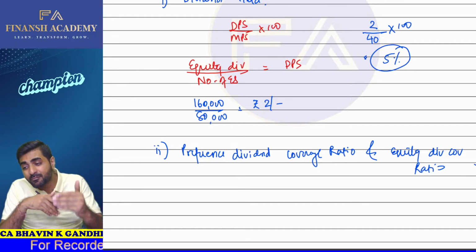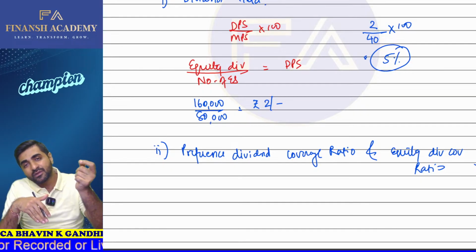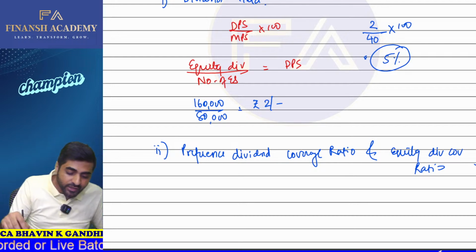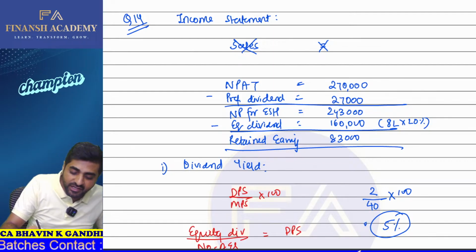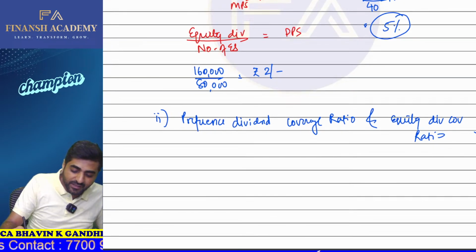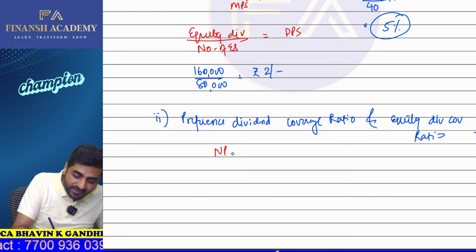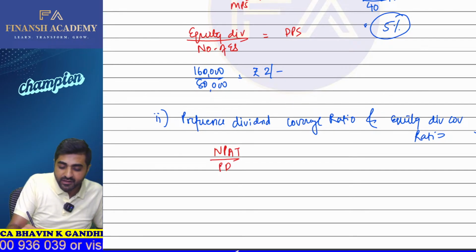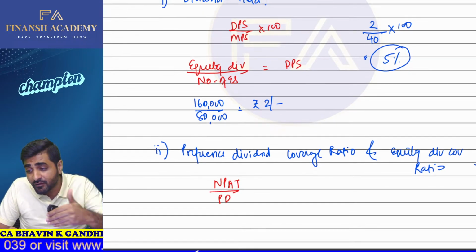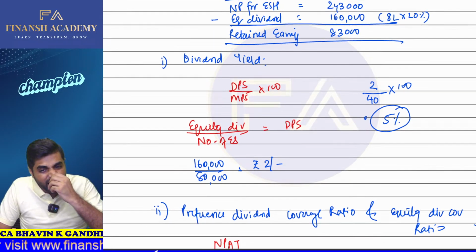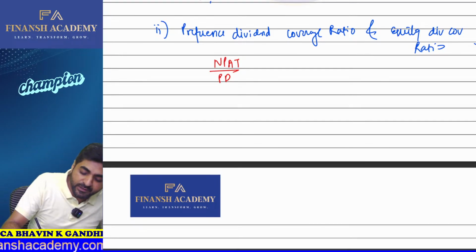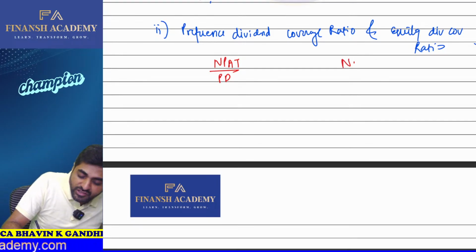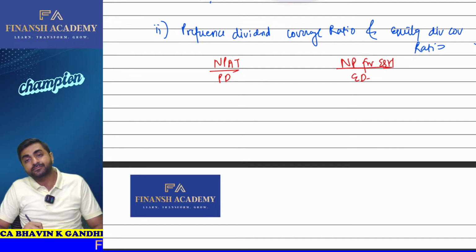Coverage means how many times the dividend is getting covered from the amount of the NPAT. Preference dividend is paid from the NPAT, so the preference dividend coverage ratio will be NPAT upon preference dividend. And the equity dividend is paid from net profit for equity shareholders, so the equity dividend coverage ratio is net profit for equity shareholders divided by equity dividend.